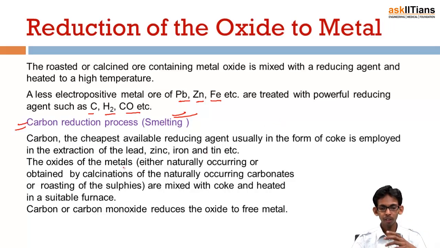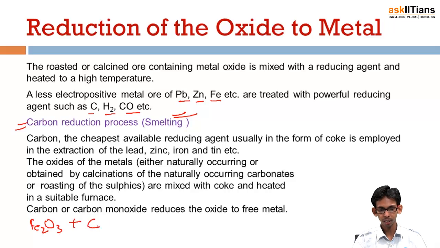The oxides of metal are mixed with coke and heated in a suitable furnace. Carbon or carbon monoxide reduces the oxide to the free metal. So let's say I have Fe2O3.